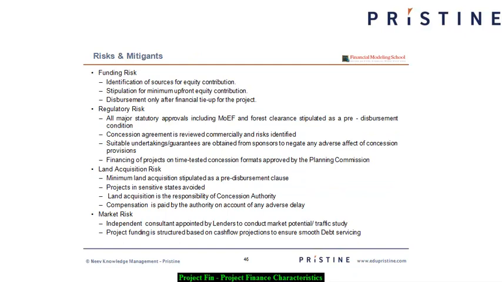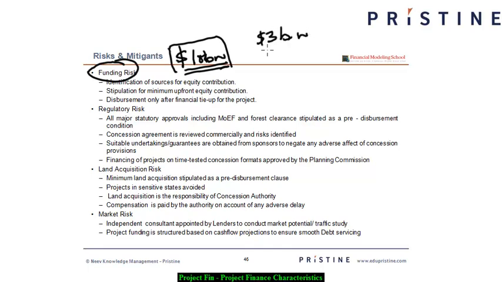Again, there could be risks, and these risks have to be built in the model, or taken care of in the model, so that when you are building the model, you have a clear understanding of what's happening in the project. So there could be a funding risk in the model. Let's say if it's a large project, let's say $10 billion, and the equity investment in this is going to be, let's say, $3 billion, and you still have to procure a debt of $7 billion.